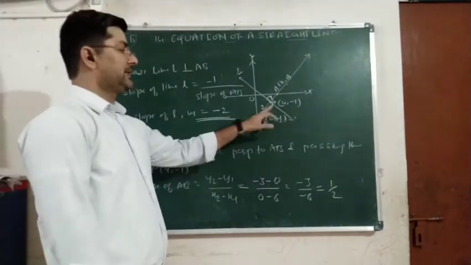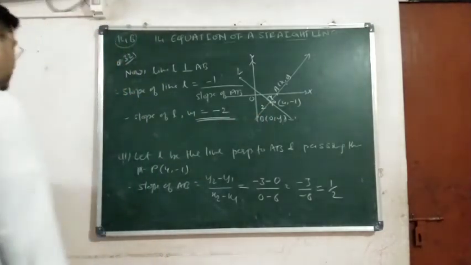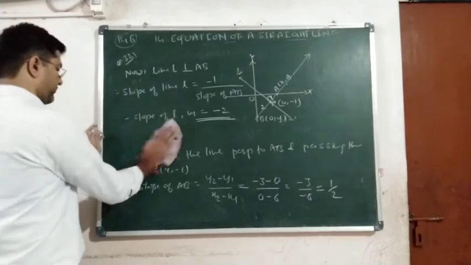Now line L is passing through point P and has slope minus 2. So finally we will use the point slope formula.